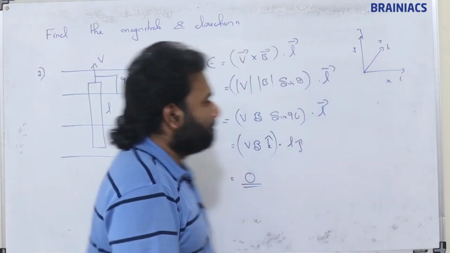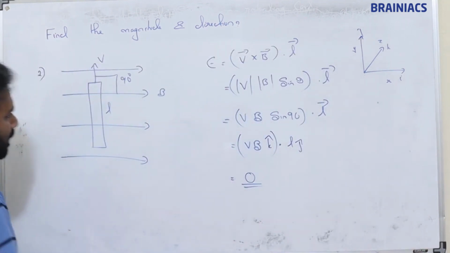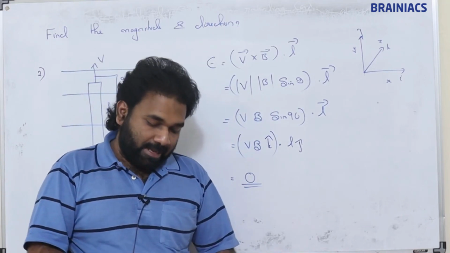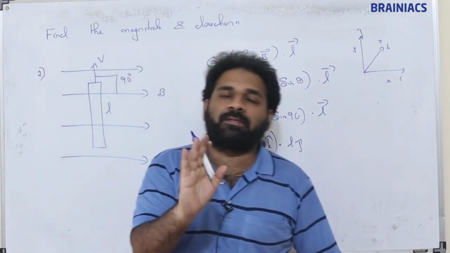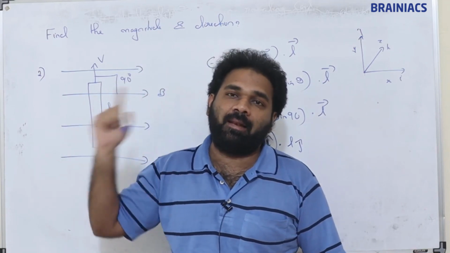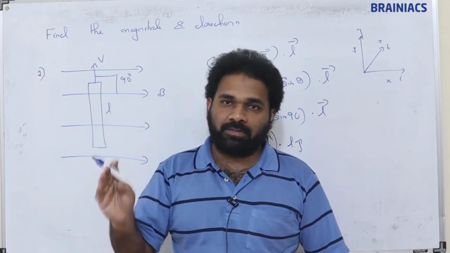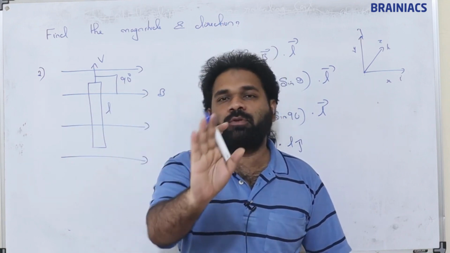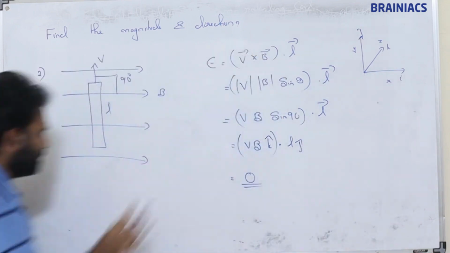Fine. So the final note is, if any two vectors out of V, L, B, velocity vector, length vector, magnetic field vector, are parallel, answer will be 0.